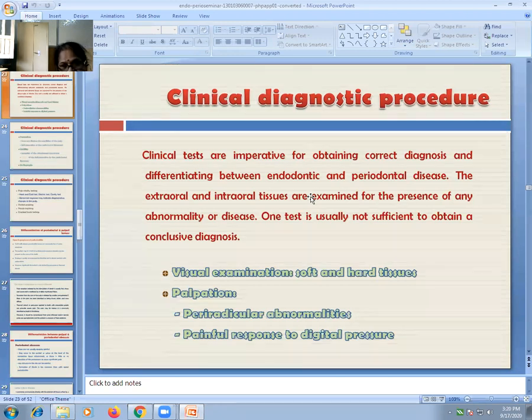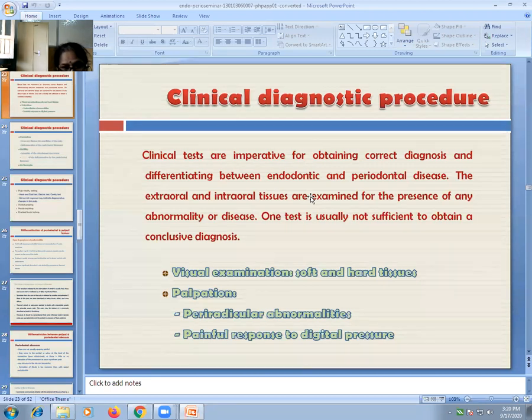In the hard tissue examination, if it is of pulpal origin, you will find cavities and caries at the occlusal areas, on the tooth's hard tissue. If there is a perio-endo relation, any root fracture can be noticed when you examine the hard tissue.